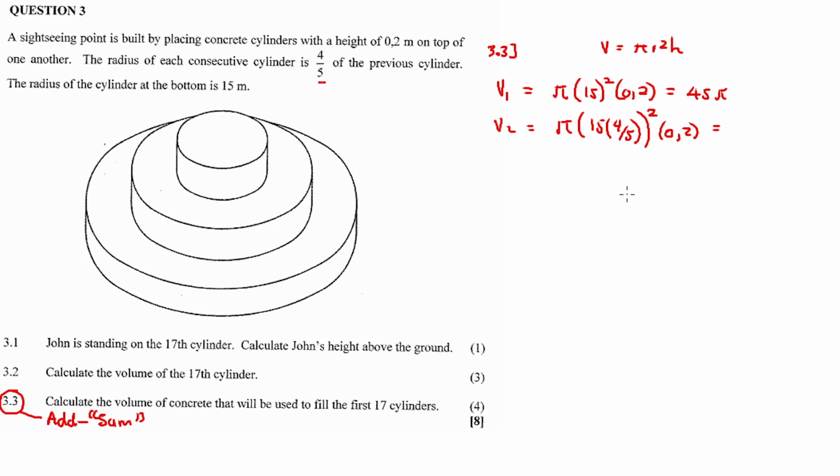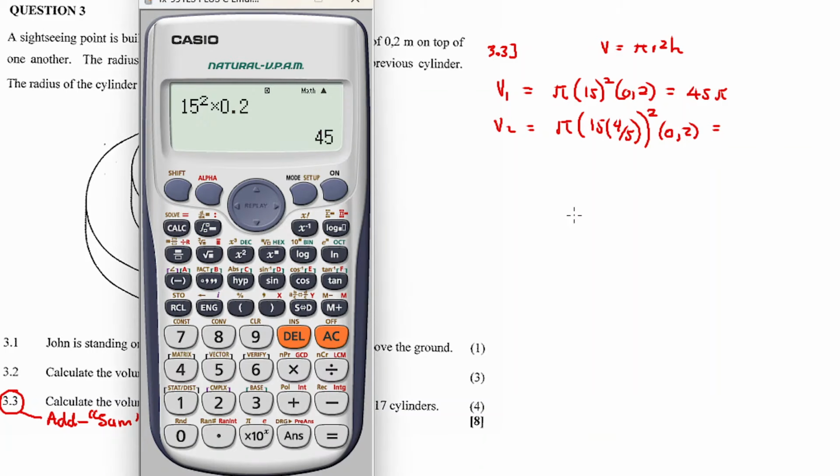Would it be a good idea to multiply this one? I don't know, let's check it out. If I get a crazy number, I'm just going to leave it as is. So 15, open bracket. I'm not multiplying by the pi, by the way. I just want to check, do I get any crazy number?